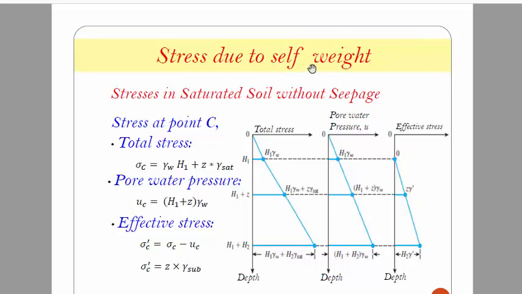One thing to remember, students: the total stress is equal to the effective stress plus pore water pressure, and effective stress is equal to the total stress minus pore water pressure.